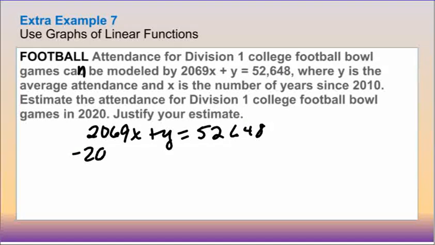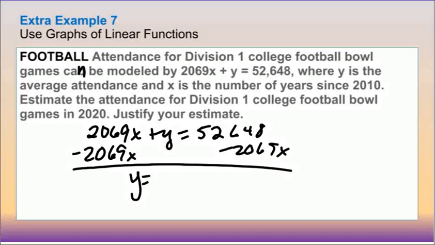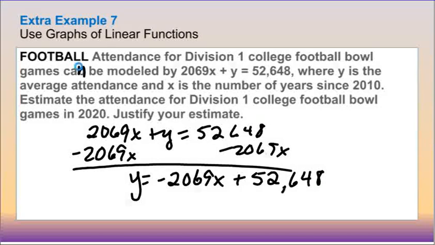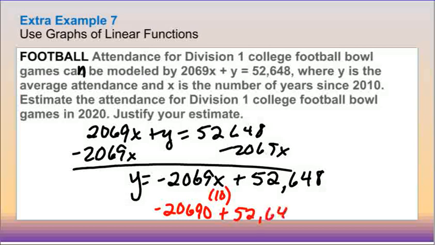So subtract 2,069x on both sides. And we have y equals negative 2,069x plus 52,648. So now for x, I'm just going to put 10, which will give us a negative 2,069 times 10, which just means I just added 0 at the end, so it's 20,690 plus 52,648.